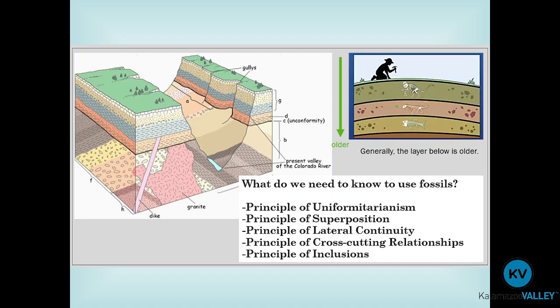But because we can see something like this in a cross section or a road outcrop, it's most accessible and it's cheapest to do, so it's the most common way that we date rocks. Unless we need something more specific, we're not going to collect a sample and send it to a lab for testing.